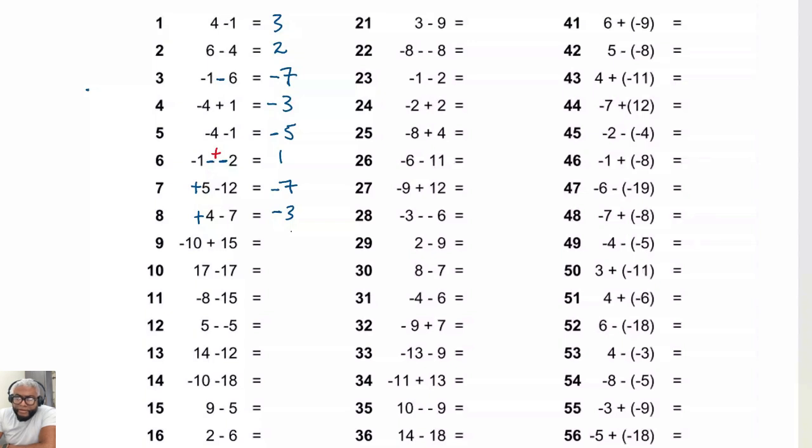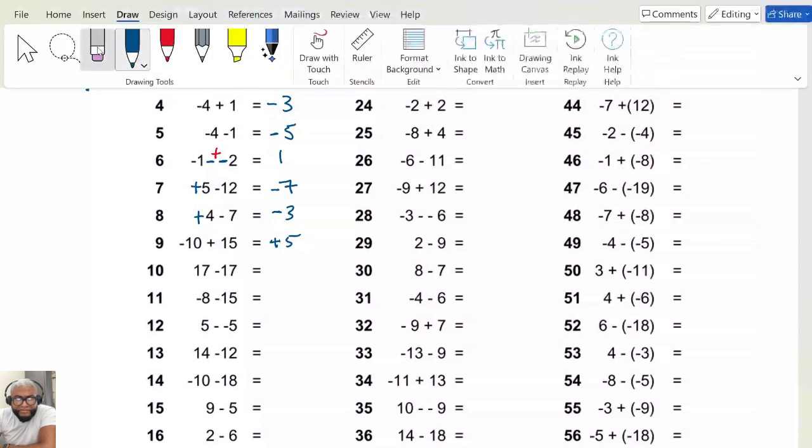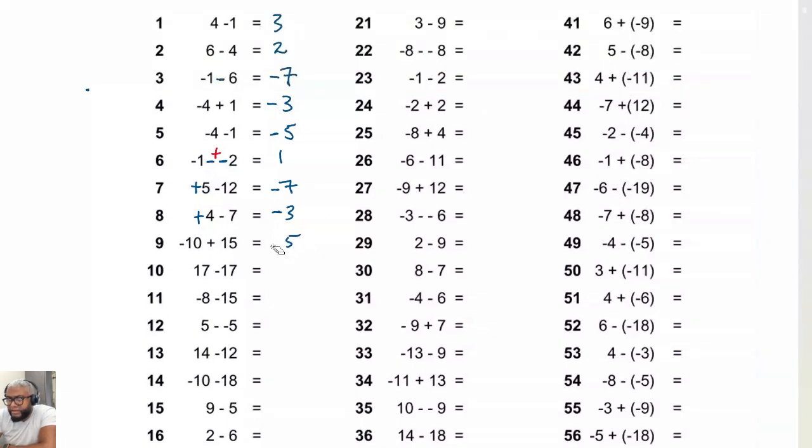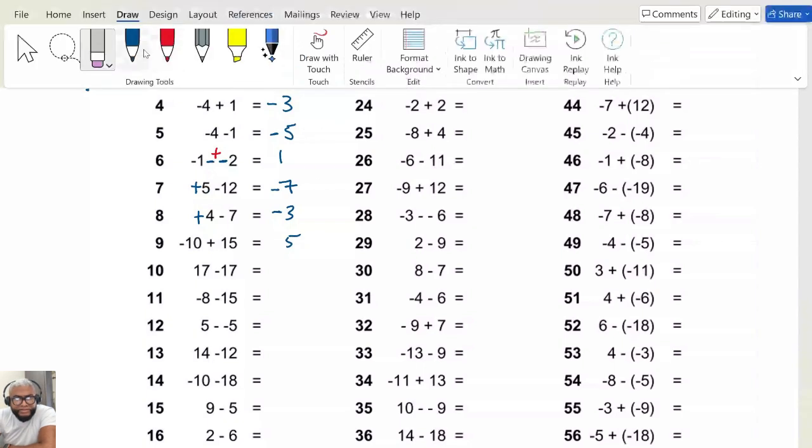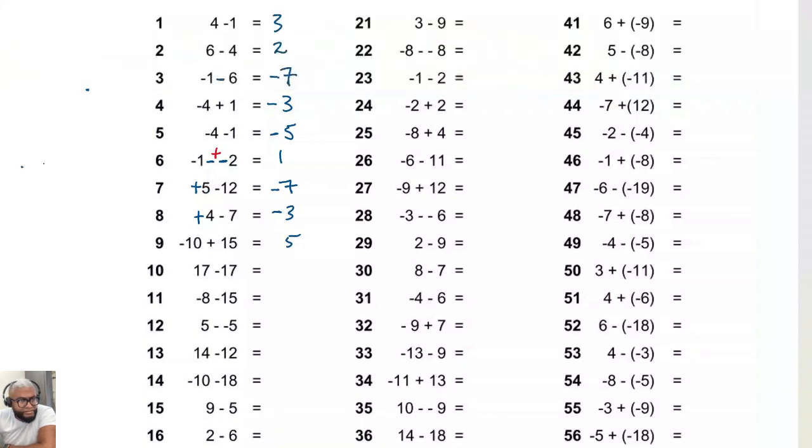Francis, -10 plus 15. +5, sir. +5. You're way ahead. And I'm going to put that positive. That positive does not need to go there, right? Why is it +5, Lucas? Explain to the class how she got +5. Because the signs were different.